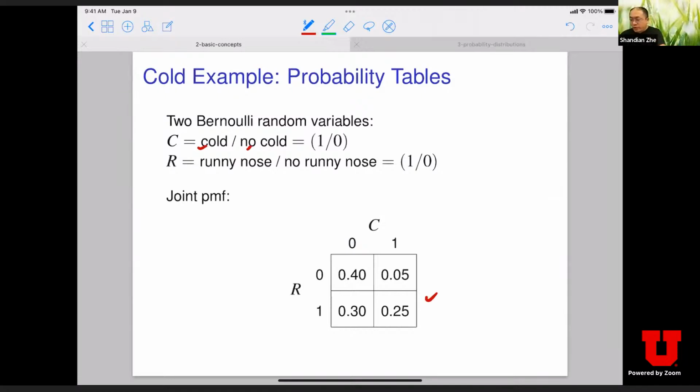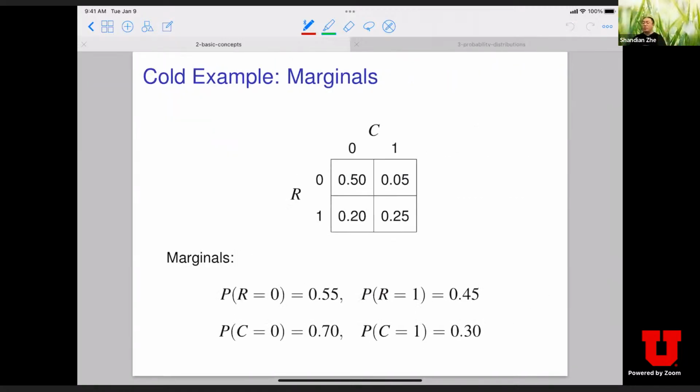Each entry in this table represents the joint probability that R and C take particular values. Based upon that, we can compute the marginal probability for R and for C. For example, if I want to compute the marginal probability for R, what should we do?